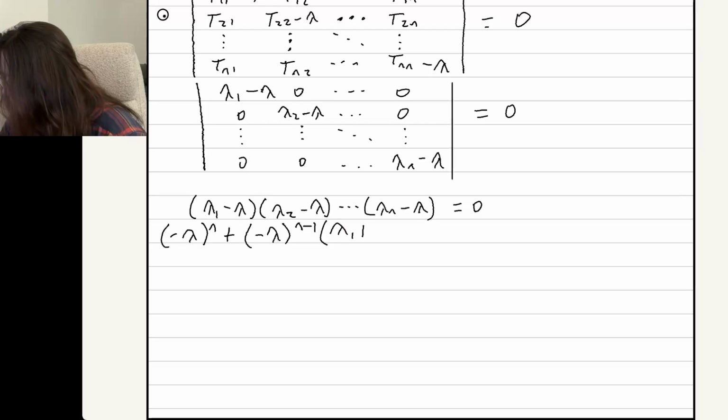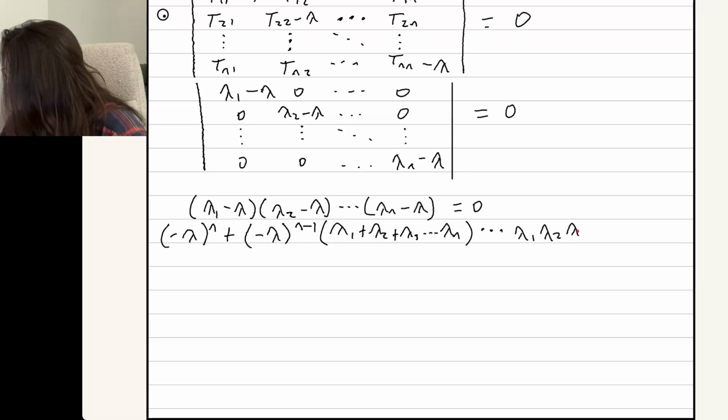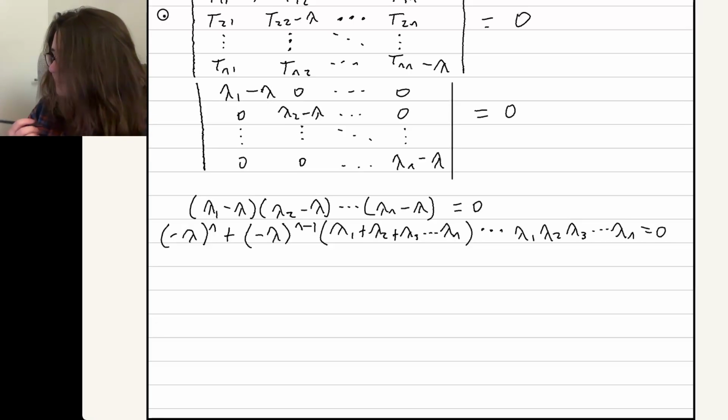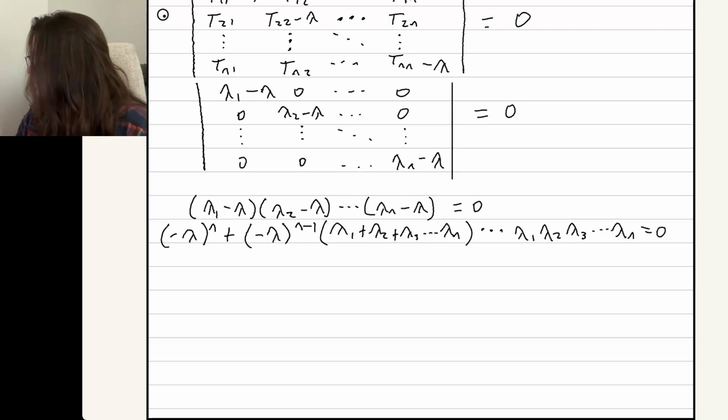So it's lambda 1 plus lambda 2 plus lambda 3 dot dot dot lambda n. That's what's left over from that. Then you get a bunch of intermediate terms, which we don't care about. But then we do have the lambda to the 0 term, which ends up being all of the eigenvalue solutions multiplied together, right? So that's how you would write that characteristic equation. It's pretty vague because there are all of these terms, but we don't care about those.